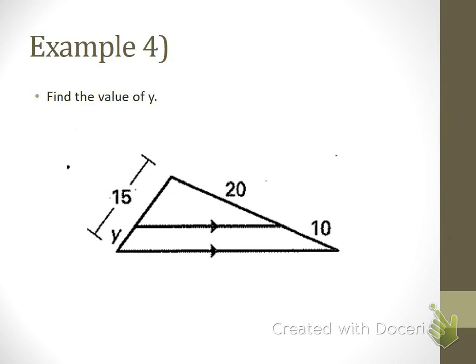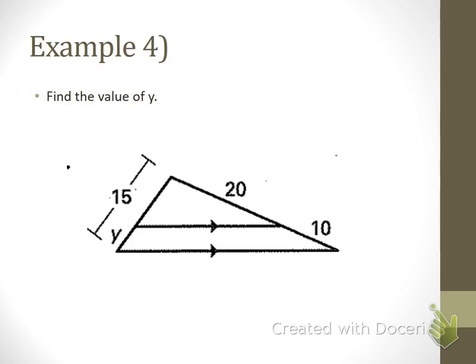Any guesses? We want most of it. So we take the whole side, but we don't want that little y piece. If we don't want it, what operation do you think we would maybe use? Zasmin's got it. It's subtraction.